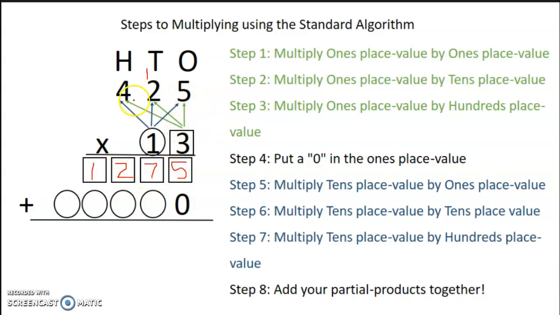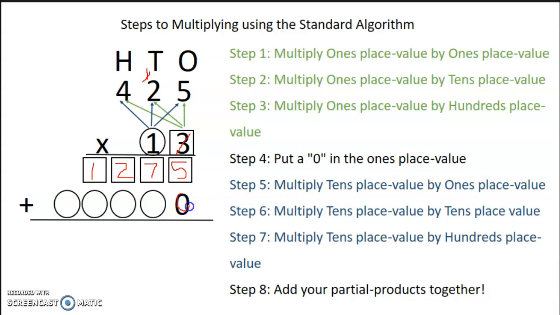So if we multiplied 425 by 3, we would get 1,275. Okay, so we have taken care of the 3 and this 1, so I'm going to cross them out.